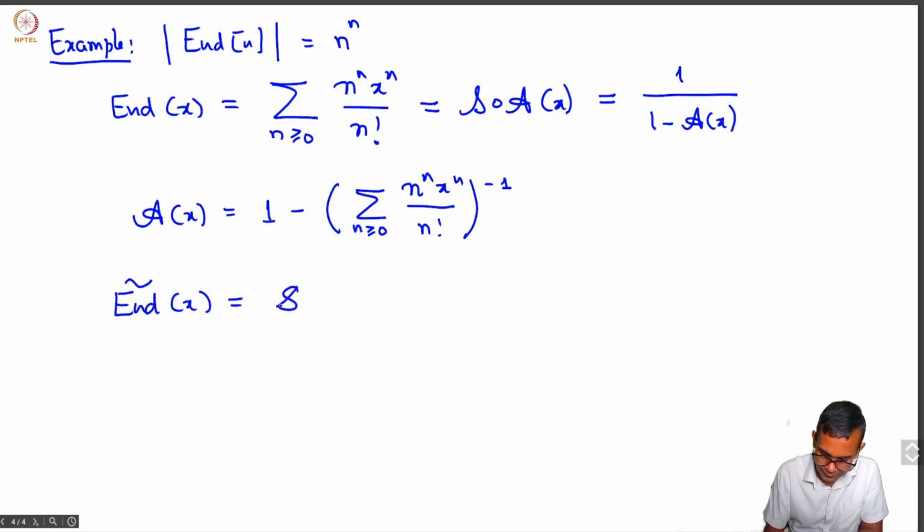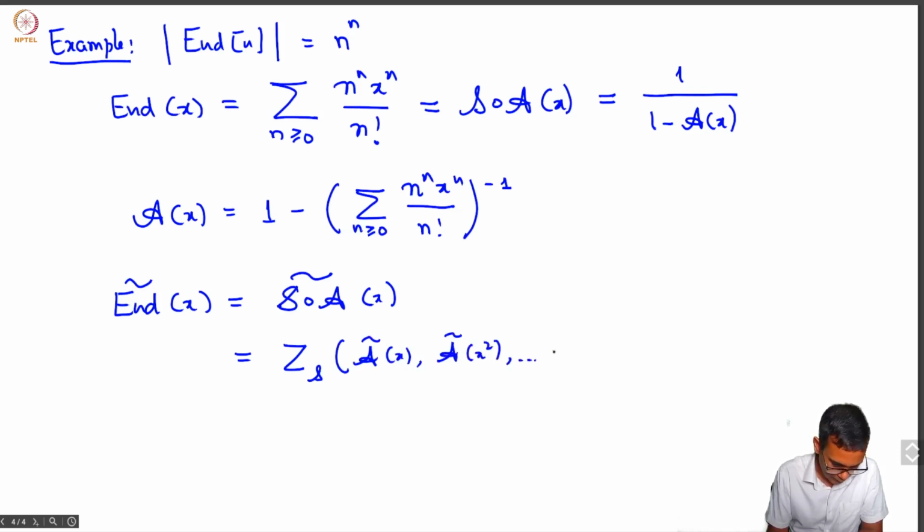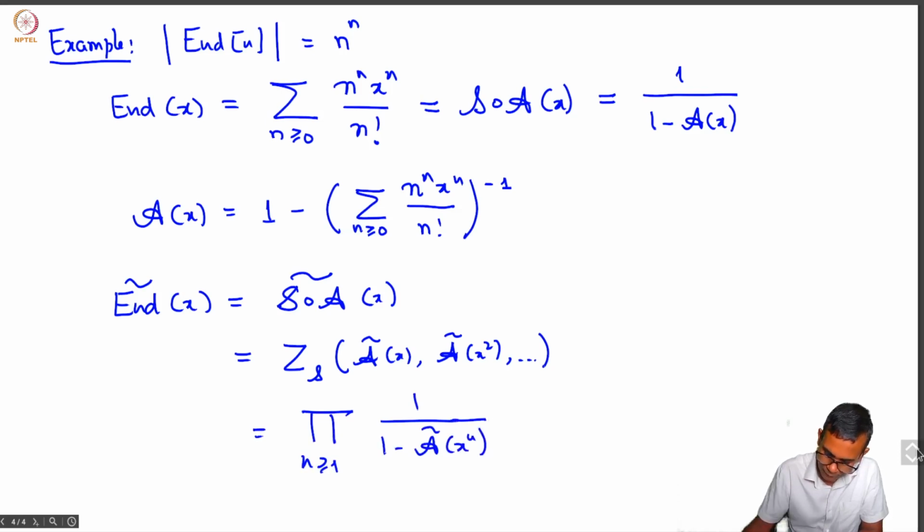This is S circle A tilde of x, which is Z_S of A tilde x, A tilde x squared, and so on, which is the product n greater than or equal to 1 of 1 over 1 minus A tilde x to the power n.